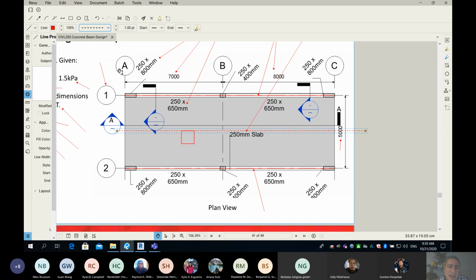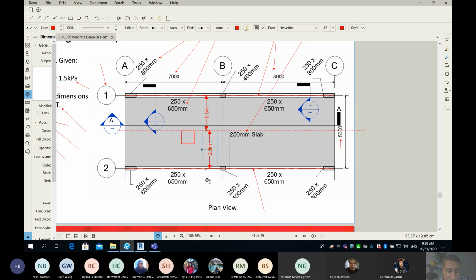So this beam will simply take care of this much, which is 2.5 meter, and the other beam will take care of the rest, from here to there, and this beam on the bottom will take care of 2.5 meter as well.